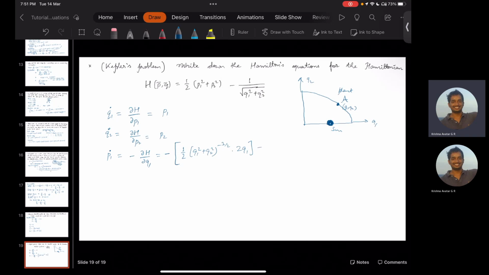So this effectively becomes, the 2 cancels out, and we'll have minus q1 divided by q1 squared plus q2 squared to the power 3 by 2.